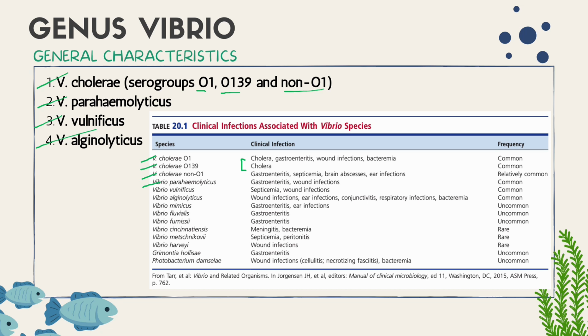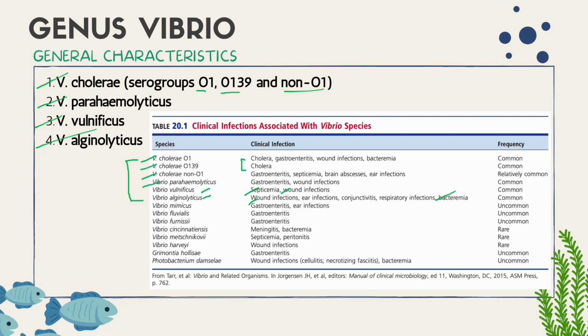For vulnificus and alginolyticus, the most common are septicemia or bacteremia, okay? They can also be common for wound infection as well. So, at least let's memorize their diseases up to alginolyticus.